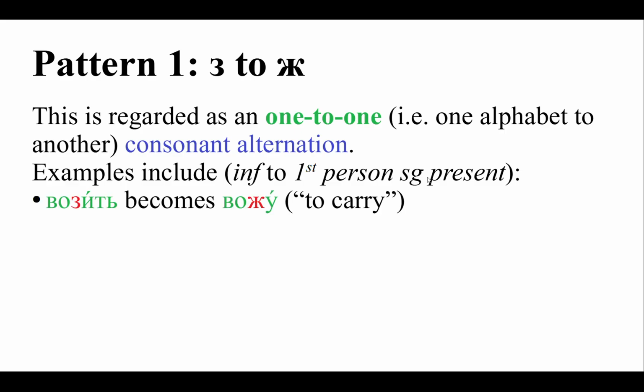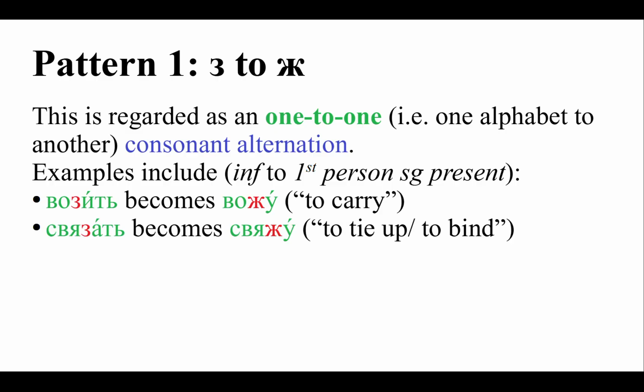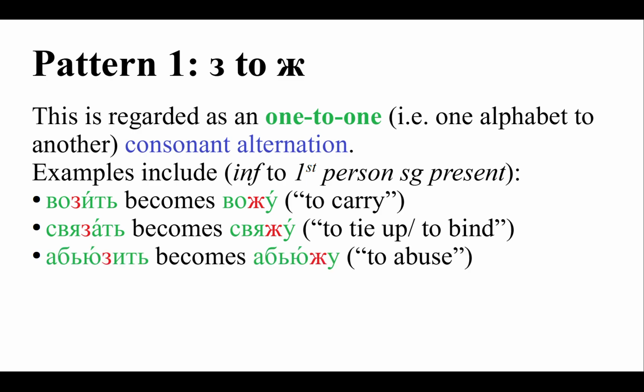So first one, vozit, that means to carry, becomes vožu, that means I carry. Svyazat becomes svyažu, that means to tie up, to bind, and it changes to I tie up or I bind. And then abuse it. This one is clear because you see the English borrowing abuse.